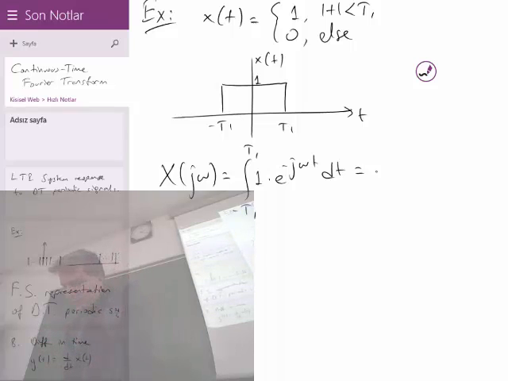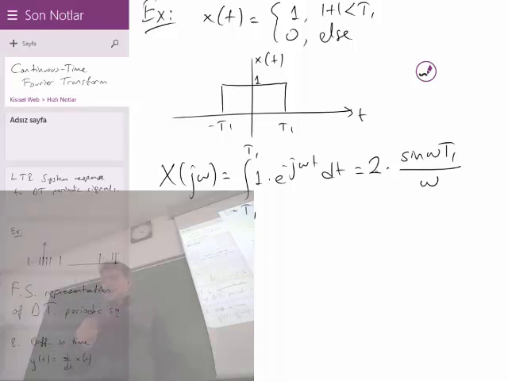I'm just going to write you the formula, reduced to a more compact form, as simplified as possible.